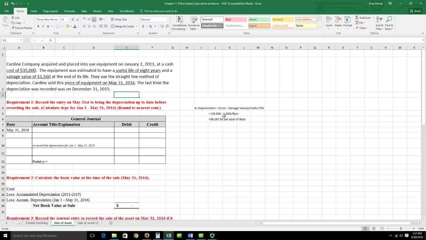I've got the straight line depreciation calculation over here again: cost minus salvage value divided by useful life. The cost was $35,000, the salvage value was $1,500, and the useful life was 8 years. When you plug that into the calculator, you come up with $4,187.50 per year. For 2011, 2012, 2013, 2014, and 2015, that would be the amount of depreciation you would have recorded every year.